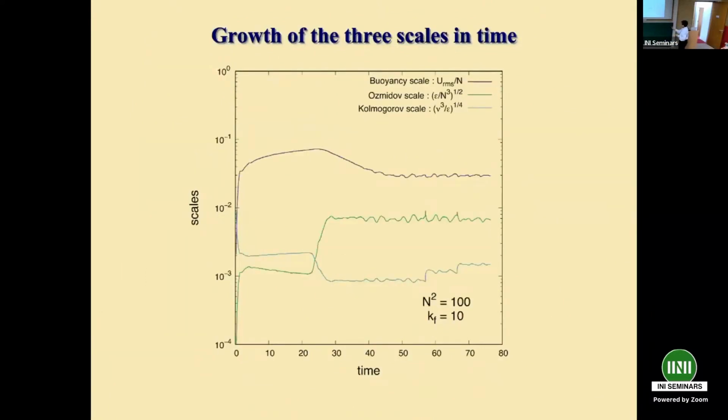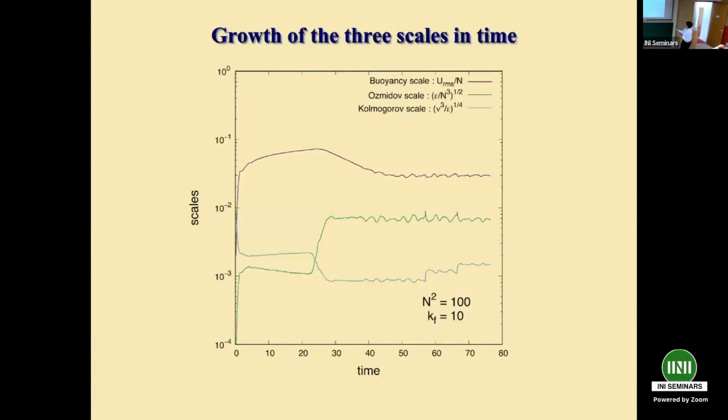Kolmogorov scale. Oh yeah, that's very interesting. So you look at the view graph very well. Actually, the Kolmogorov scale jumps. I don't know why, but it's a kind of breathing effect, changing the structure of dissipation or spectrum, but I don't know why we observe such kind of steps.